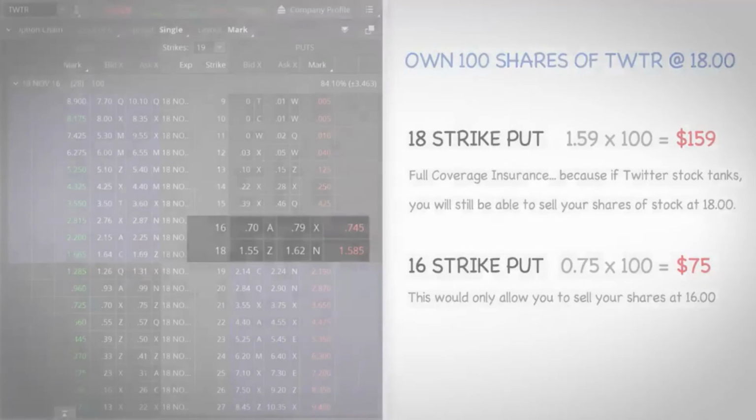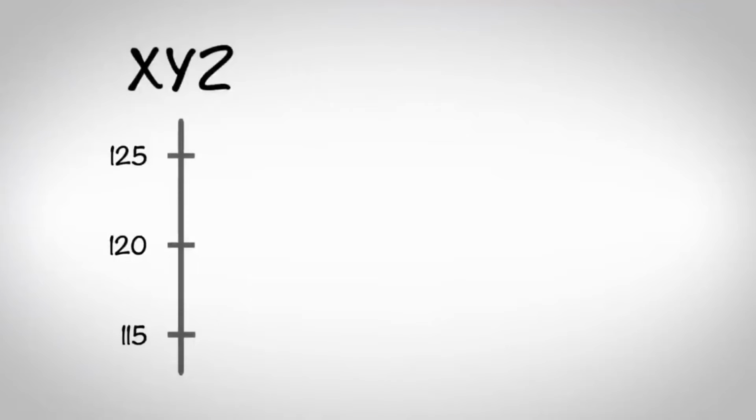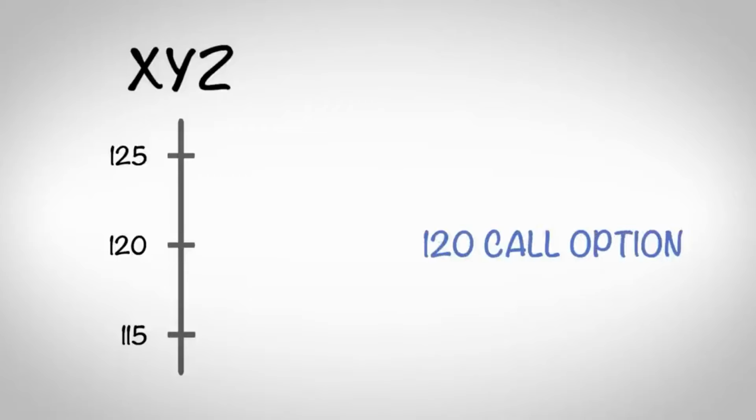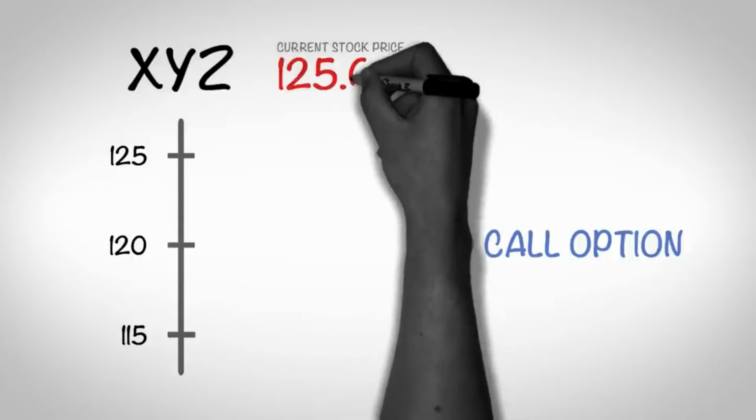Now, let's look at an entirely different example. Let's say you own the 120 strike call option on stock XYZ. You don't own any stock, you just own the call option. And this call option would, of course, give you the right to buy shares of XYZ stock at 120. So what if the current stock price is at 125 per share?